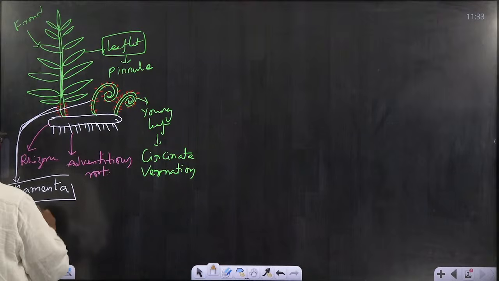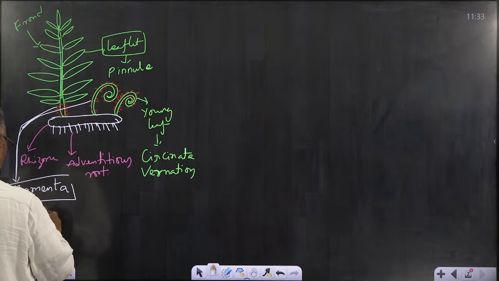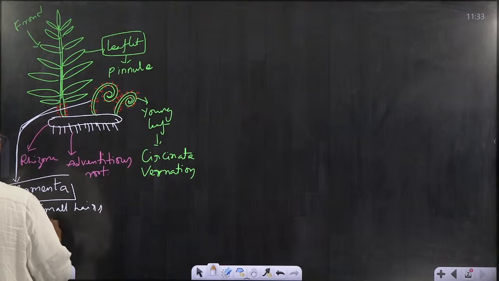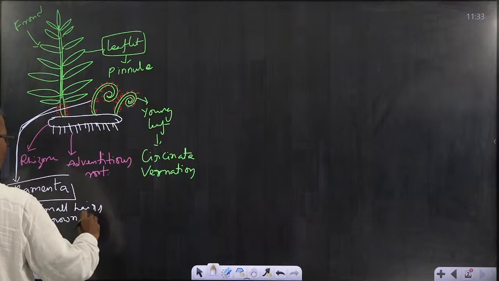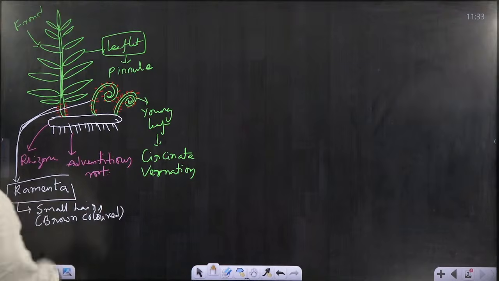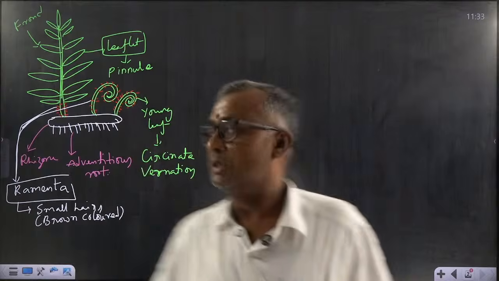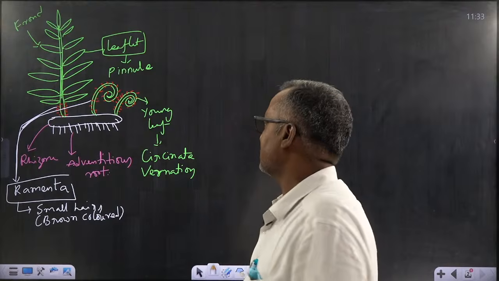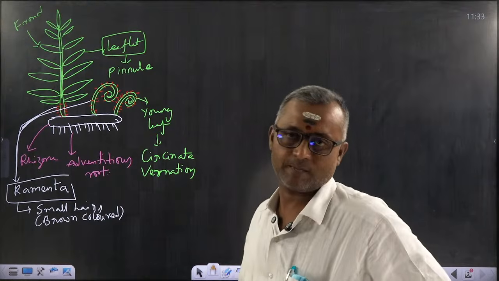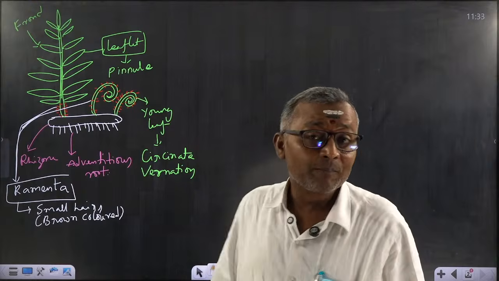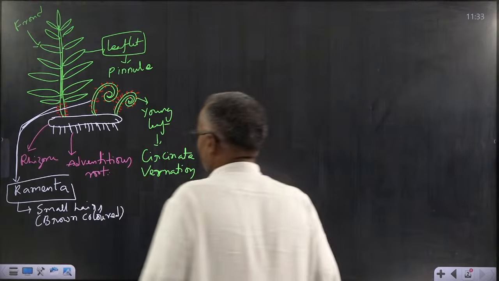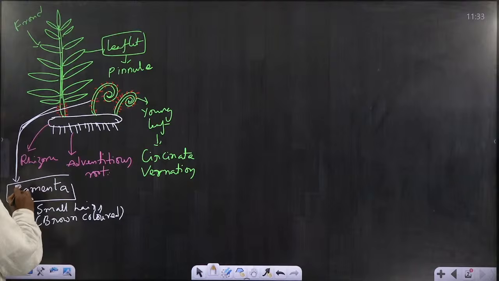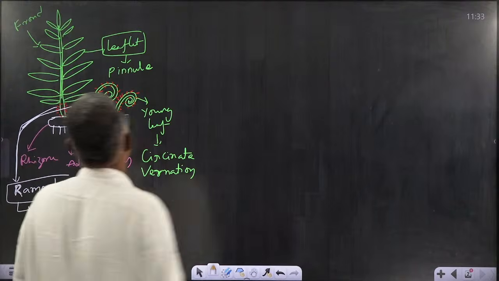They are small hairs, brown colored, and usually unicellular. These hairs are present at the base of petiole as well as the young circinately vernated leaves. They are covered externally by ramenta. Remember this term, it is completely new for you. R-A-M-E-N-T-A, ramenta.